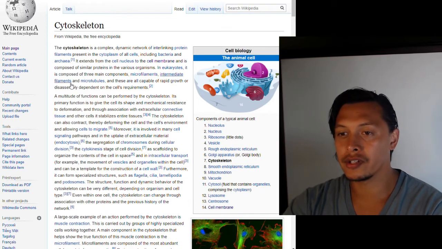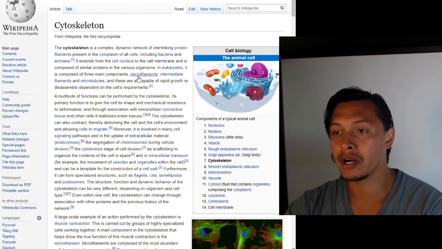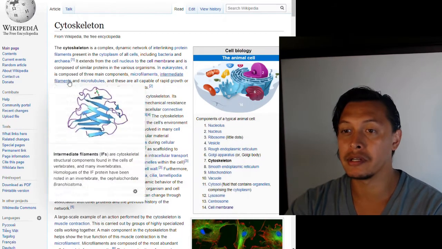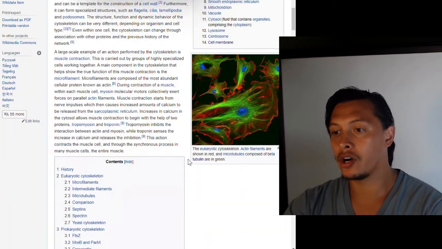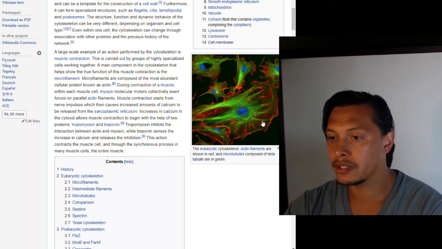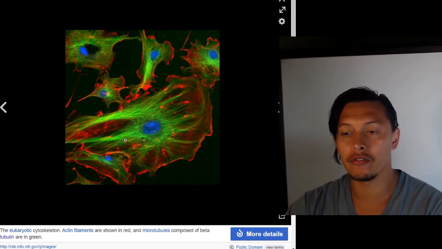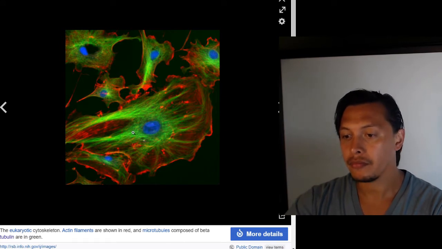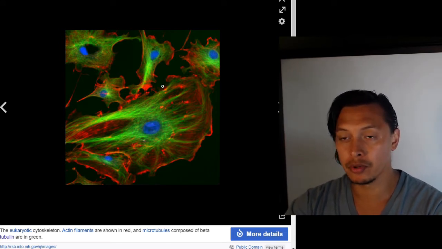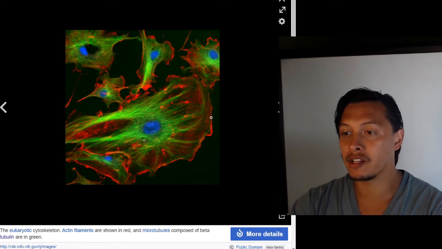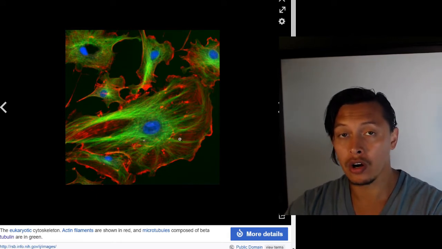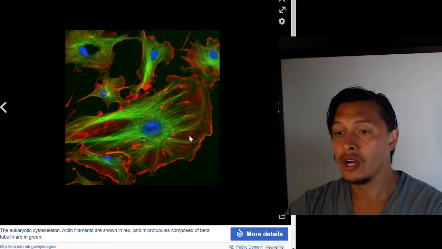In eukaryotes, it is composed of three main components: the microfilaments, intermediate filaments, and microtubules. This colorful green would be an example of the microtubules that are part of the cytoskeleton. And then there are also the actin filaments, which are shown in red.